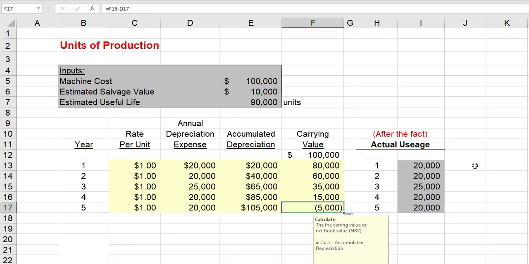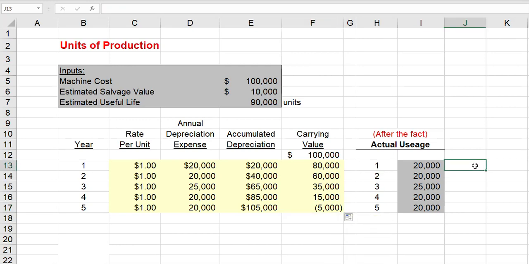What can we do about that? Well, again, we said we never want to depreciate below our remaining salvage value. So we can always calculate how much we can still depreciate our asset. In that first year, we can depreciate up to $90,000, the 100 from the current carrying value minus 10. The second year, we started the year with 80,000.